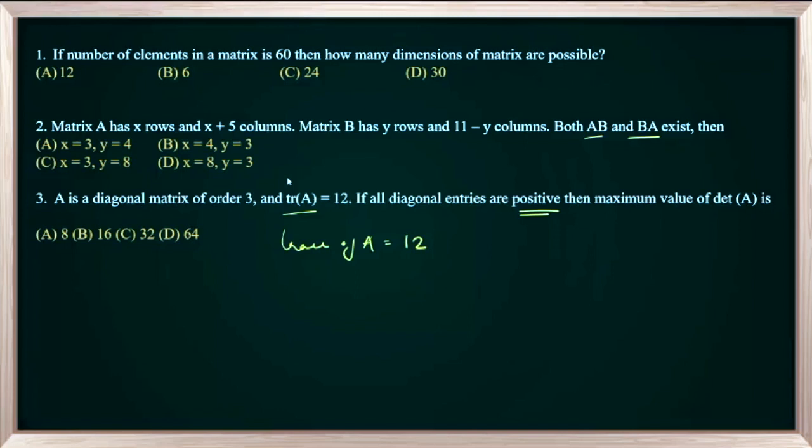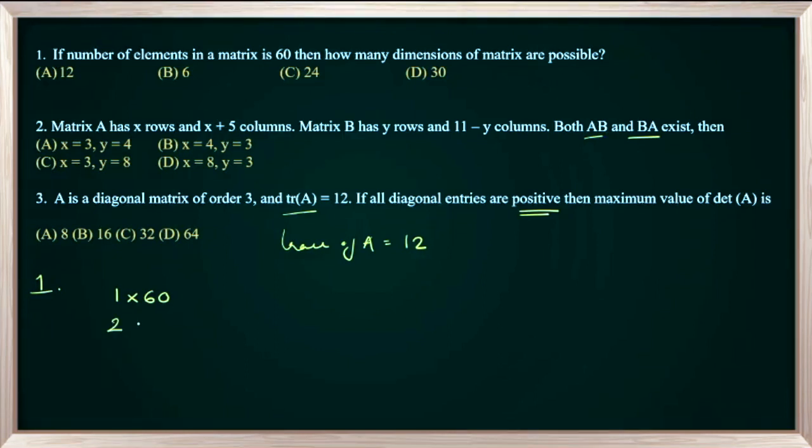I will just check what the first question's answer is. There are 60 elements in a matrix, which means you can arrange that matrix in a lot of different ways. I will arrange it in one single row and 60 columns, 1 by 60. That is one dimension.